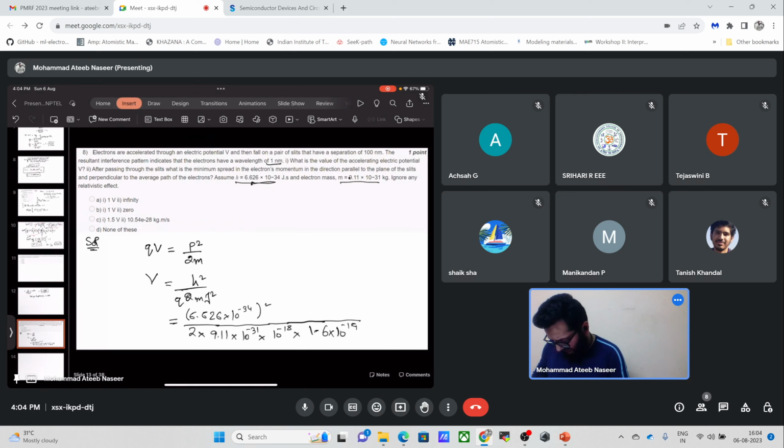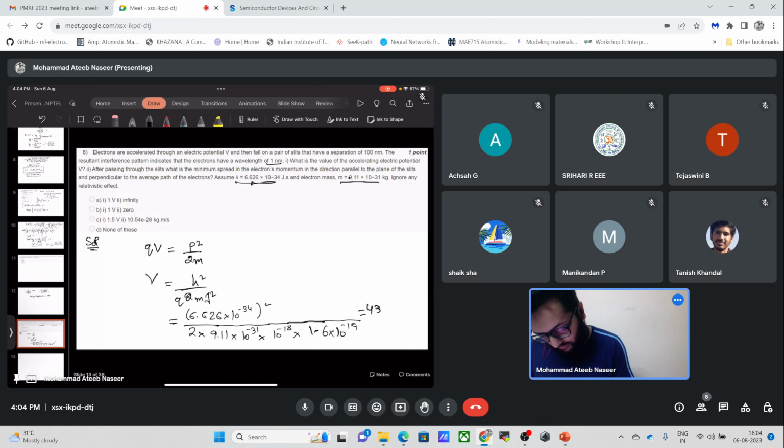So it will be 6.626 into 6.626, which, let me write it down explicitly, is 43.903 something into 10 to the power of minus 68, over the denominator, 9.11 into 1.6, which would be 29.152 into 10 to the power of minus 50, minus 68, this as well.